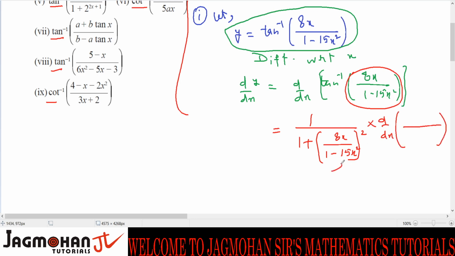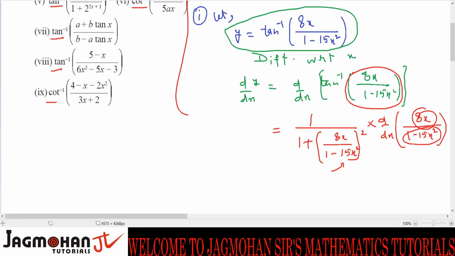It is not the square which is going to create difficulty, but it will become quite lengthy. Then you differentiate this where you use the u upon v rule. So this is making it quite lengthy.